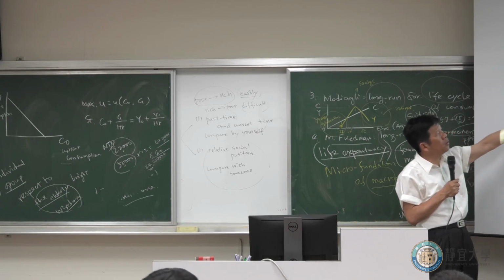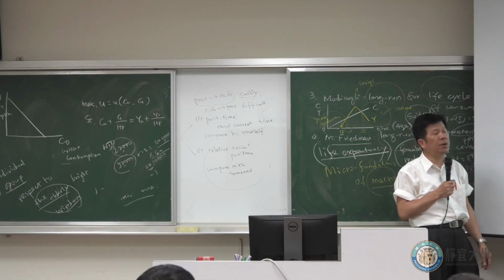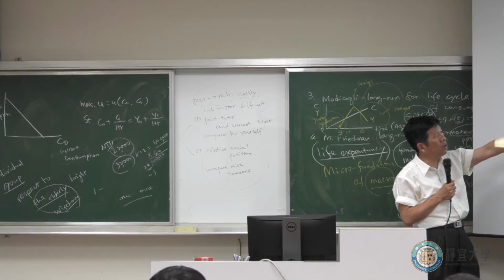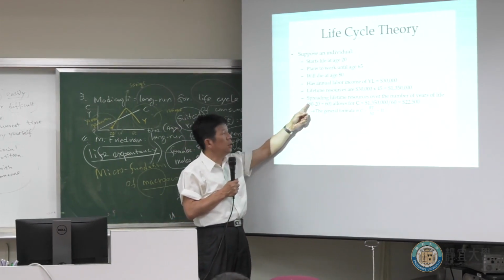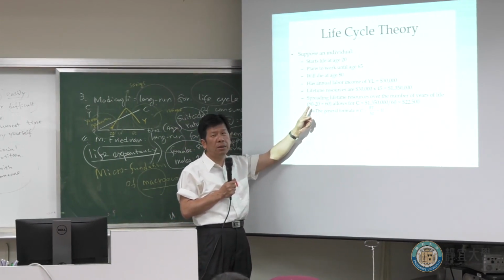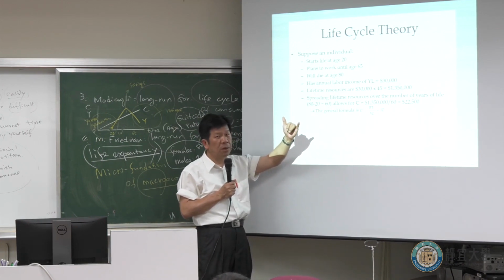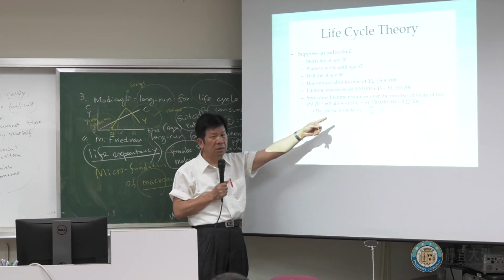After that you need to calculate your consumption, your spending: the lifetime resource over the number of years. For example, now you will die at 80, so you need to spend for 60 years, but you only have 45 working years.